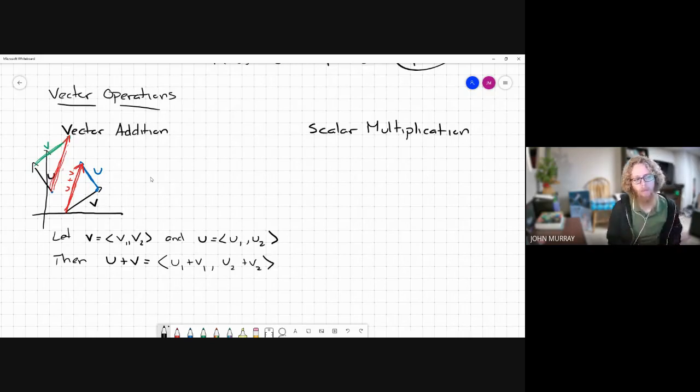So we're just going to be adding the respective parts. So I would add my u1 and my v1 together for the first point, and then I'd add my u2 and my v2 together.